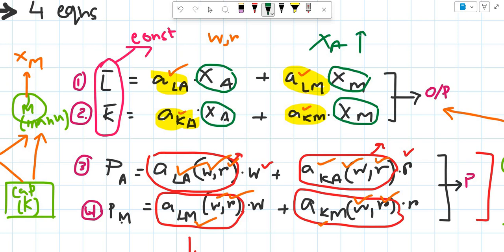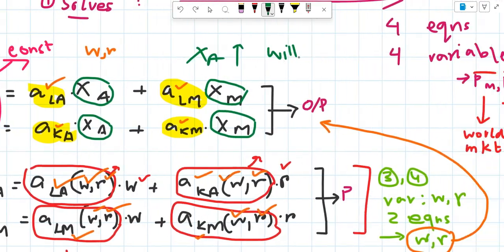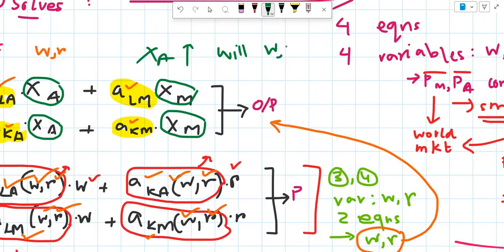We don't know why or how. Price cannot change, because that is determined by the world market. The question is, will W and R change?